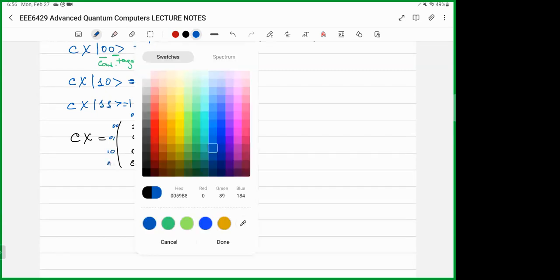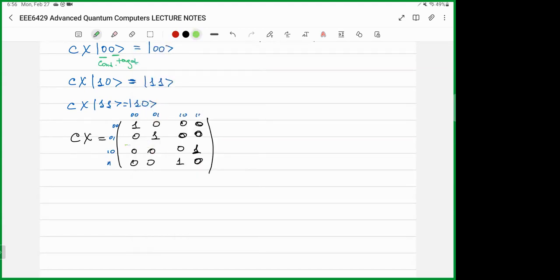It consists of 4 submatrices, right? The first submatrix is basically the identity. The second and third are zero matrices, and the last one is the Pauli X matrix. That's why it is control X.